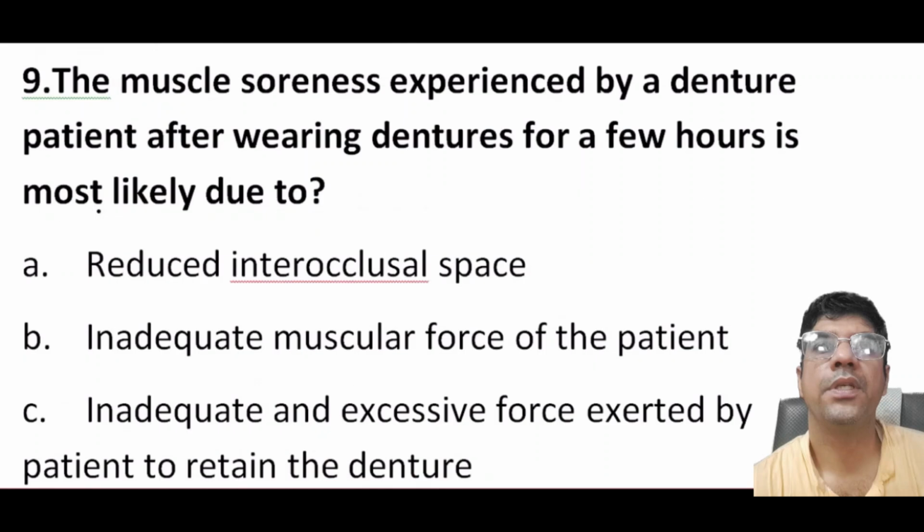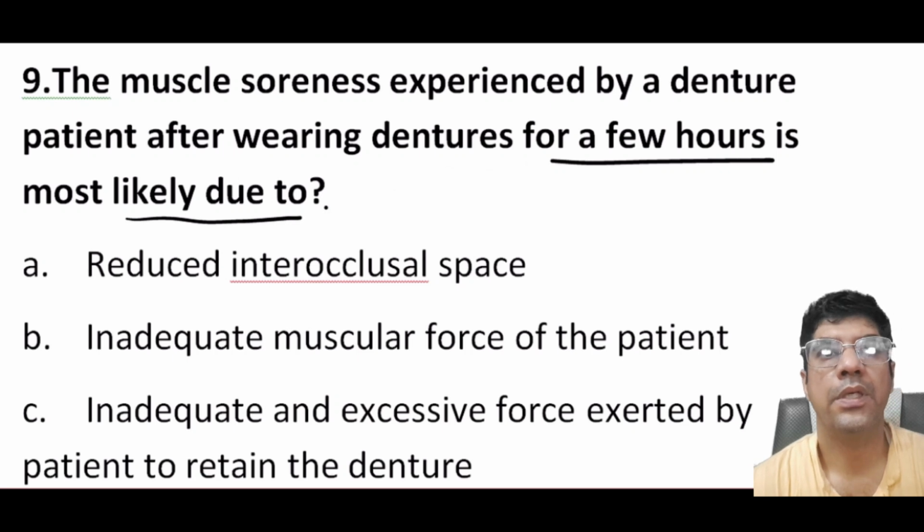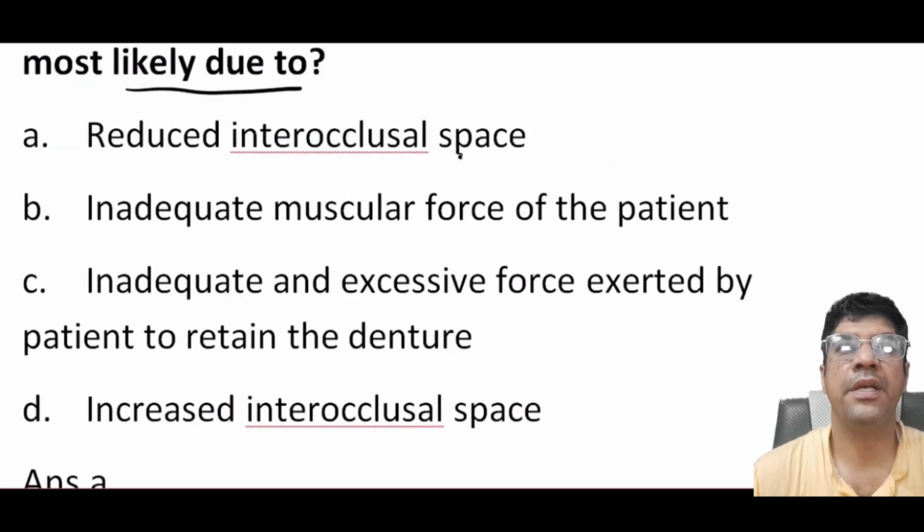Coming to the next question, the muscle soreness experienced by a denture patient after wearing the denture for a few hours is most likely due to, the answer is, a reduced interocclusal space. When the interocclusal space is reduced, it can cause overclosure of the jaw that leads to continuous strain of the muscles of mastication, like the masseter and temporalis.